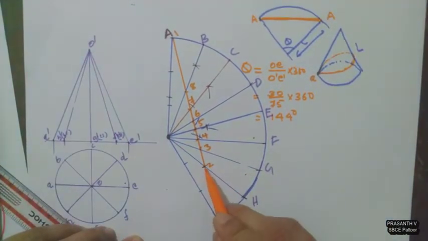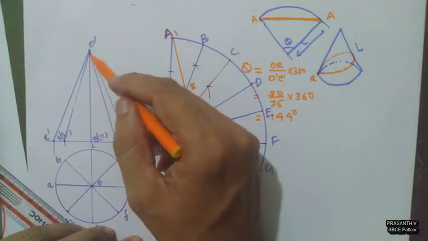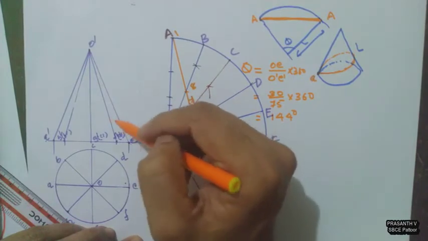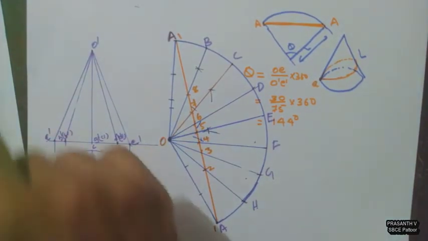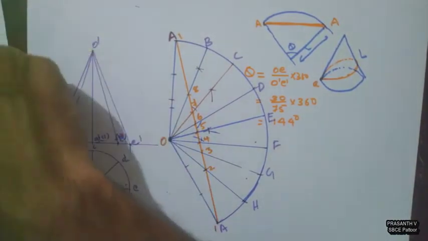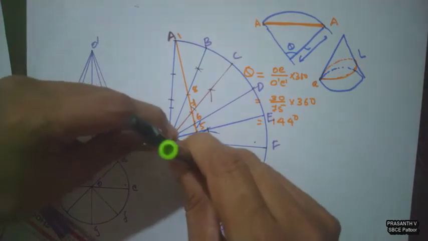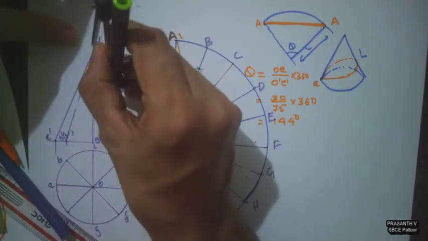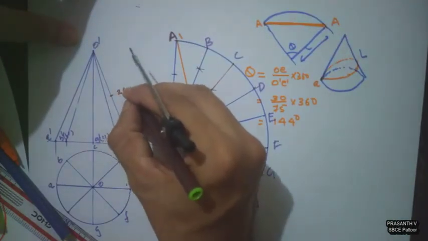While transferring it, you have to transfer it to the corresponding end generator, that is the true length. Suppose point 2 is on HO. As you know, point 2 is on HO. Here you have to transfer 2 on O'E' and transfer that 2 from here to HO. That's what we need to do. Before that, you just transfer all these points. 2 and 8 will be the same. This is the point for 2 and 8.